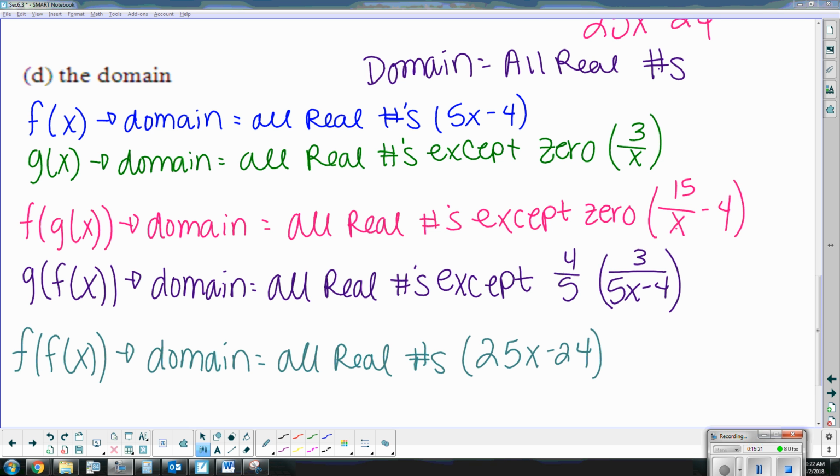In g of f of x, the domain is all real numbers except for 4/5, because if x is 4/5, then 5x minus 4 is equal to 0, and that would be an undefined function. And then lastly, f composed with f, the domain is all real numbers, because any value of x will give you a real number when the function is defined as 25x minus 24.